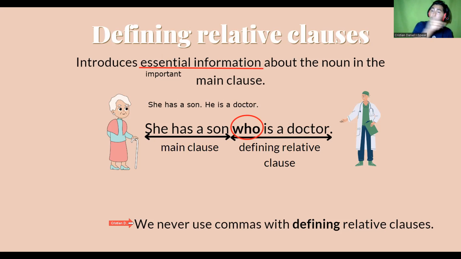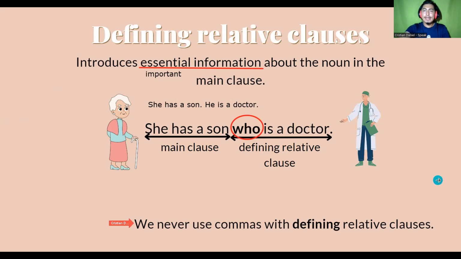We have two sentences in a single sentence, and there is no comma, there isn't anything to separate the two sentences, because they are not two sentences anymore. Now they are only one. Let's continue, everybody, and pay attention to another important detail of defining relative clauses.